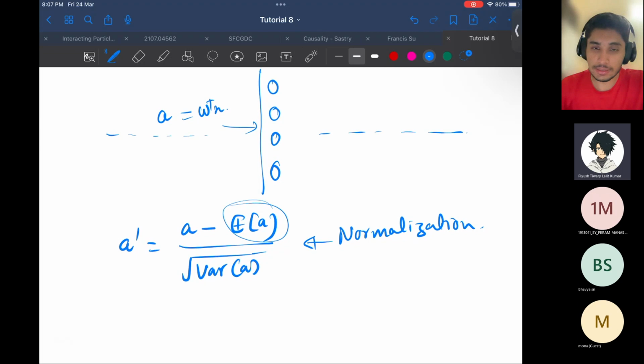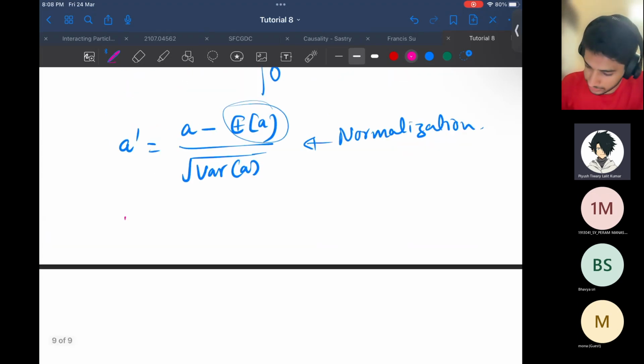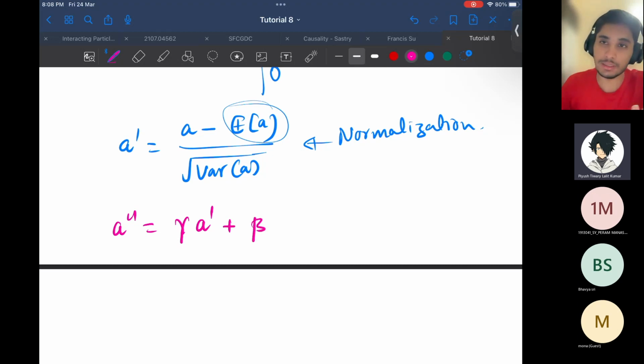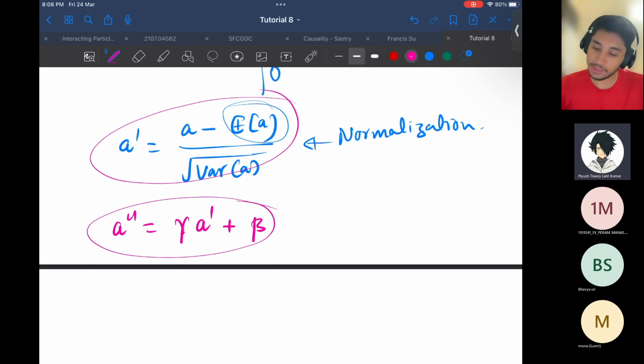Now we have normalized it. The next thing you do is: a double prime is equal to gamma times a dash plus beta. So we are first normalizing it, and then we are unnormalizing it. Here gamma and beta are learnable parameters.